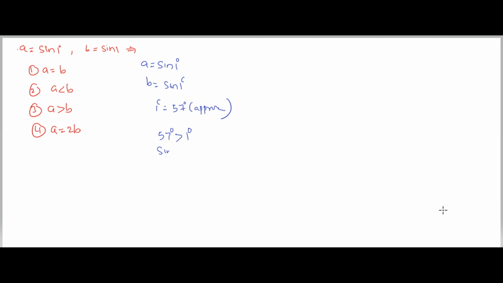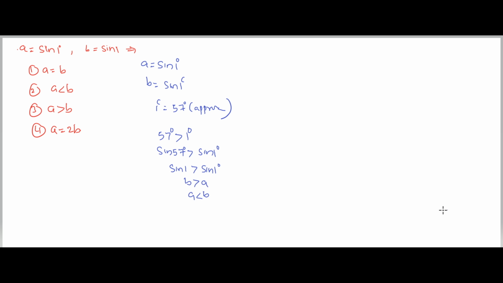Applying sin on both sides, sin 57 degrees is greater than sin 1 degree. Sin 1 is b, that is b is greater than a, that is a is less than b.